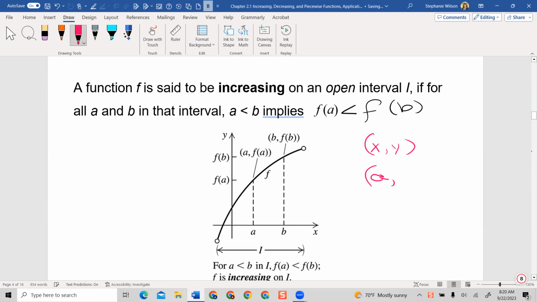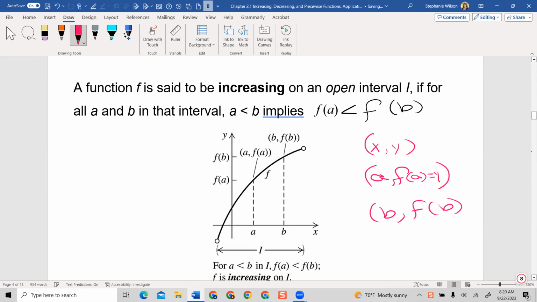My function is called f, and plugging in that point for x gives me the y value. So f of a goes into the y value here, and then we have b and then f of b.